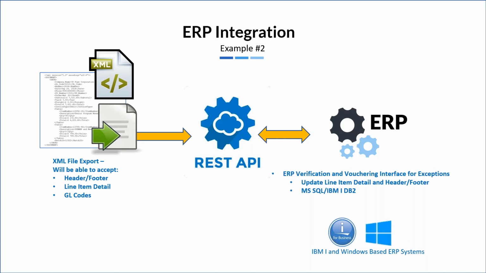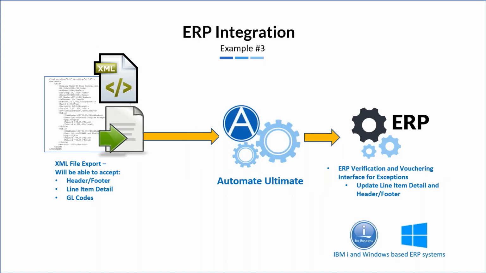Option 2 is our REST API. So we have a fully integrated REST API into our system to be able to do that integration. If you have a web-based system or a newer technology-based system, we can use our integrated REST API to do that same process and just pass the data to the REST API. And then we also have RPA technology underneath our brand as well that gives you the capability to write automation bots.